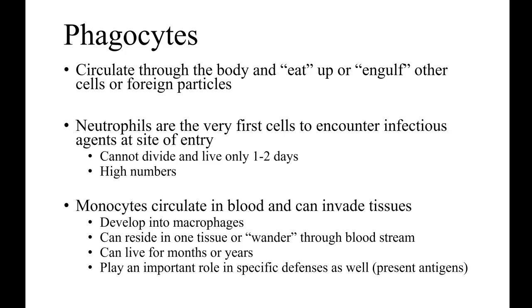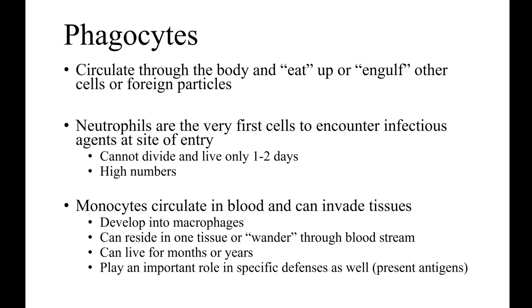If you've ever had a cut where pus forms, a lot of times that pus is not only the dead pathogens but also the neutrophils piling up in those high numbers. So these neutrophils stand guard in high numbers, and hopefully they will gobble up these pathogens before they can start to get into our body. Now, I've already talked about monocytes. They circulate in blood, and then they can invade tissues.